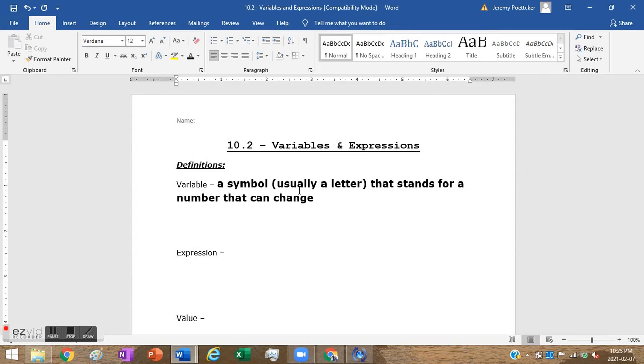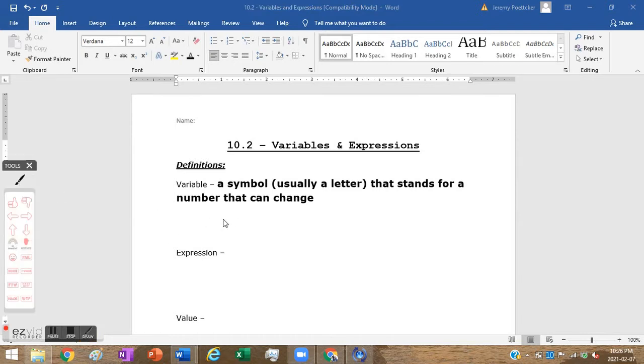So maybe you've got a variable that's going to stand for the cost of a can of soup. Can of soup costs $1.99 today. It goes on sale tomorrow. That could change.